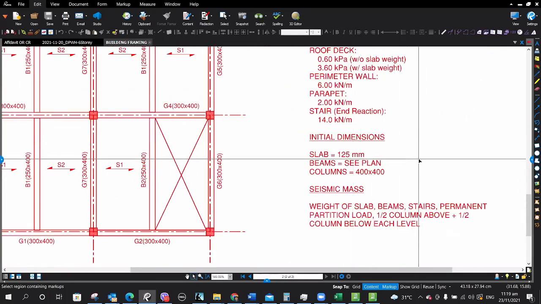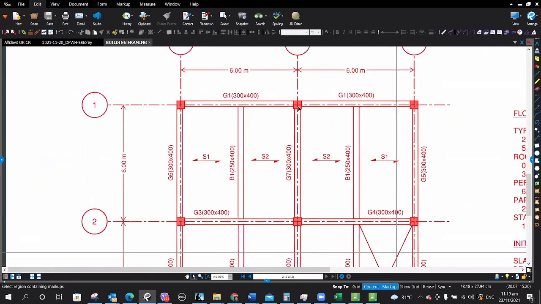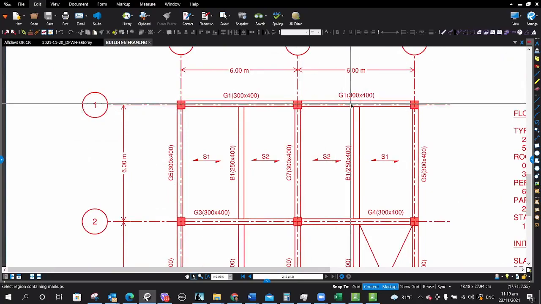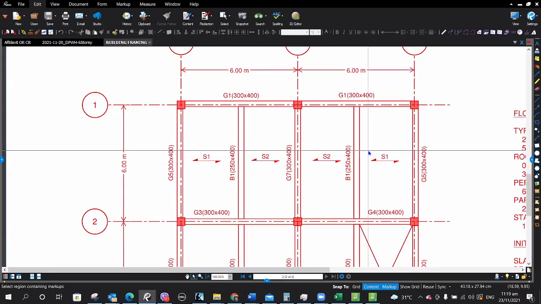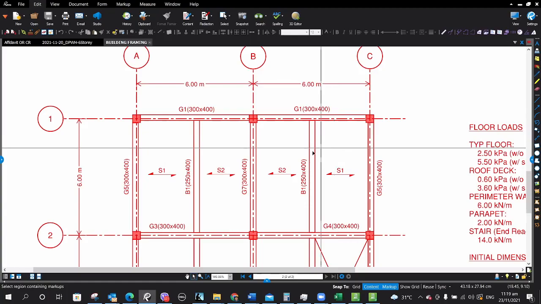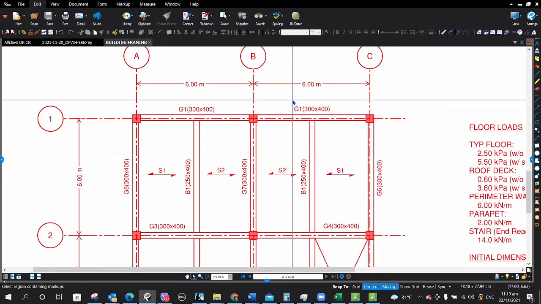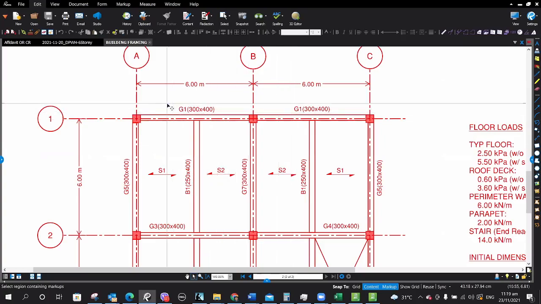So initial dimensions, we have slab 125 and beams. We have to look at the plan. These are just initial assumptions. By the way, in design the first thing you have to do is to assume initial sizes. And then once you go on with the design, you'll have to do some iterations, either to increase the size if it's insufficient or decrease the size if you think you can still reduce it to make the design more economical.